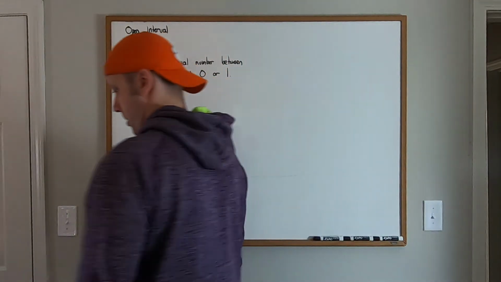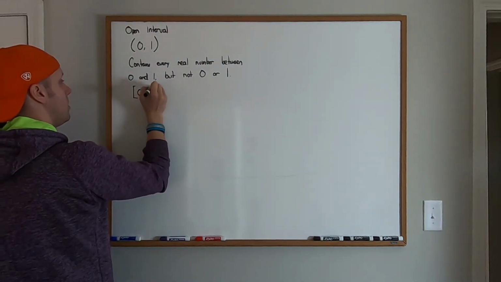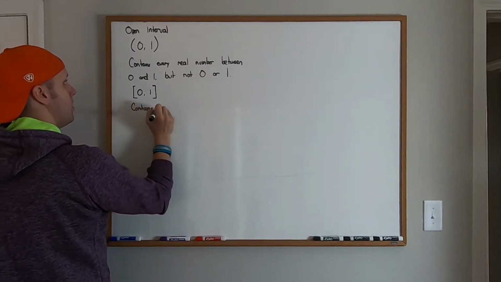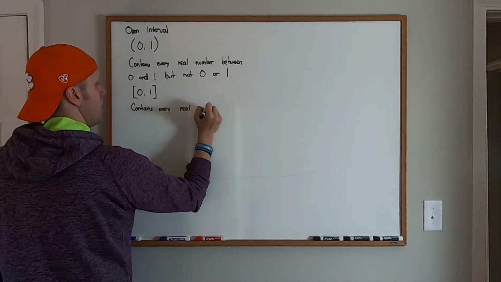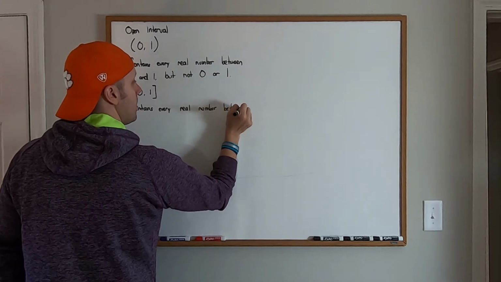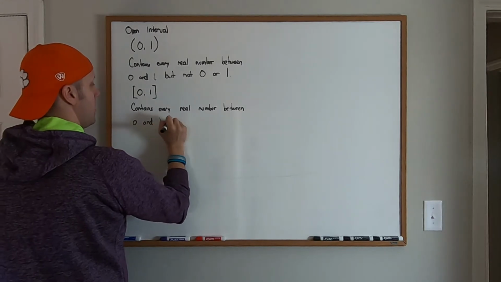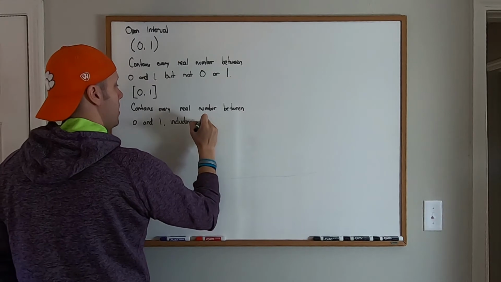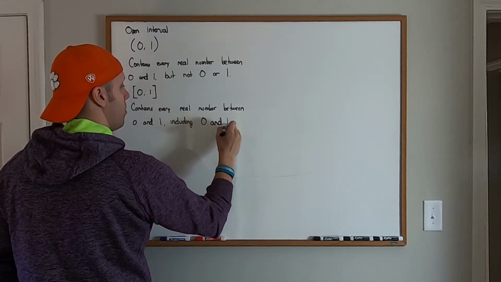A closed interval, on the other hand, call it [0, 1], contains every real number between 0 and 1, including 0 and 1.